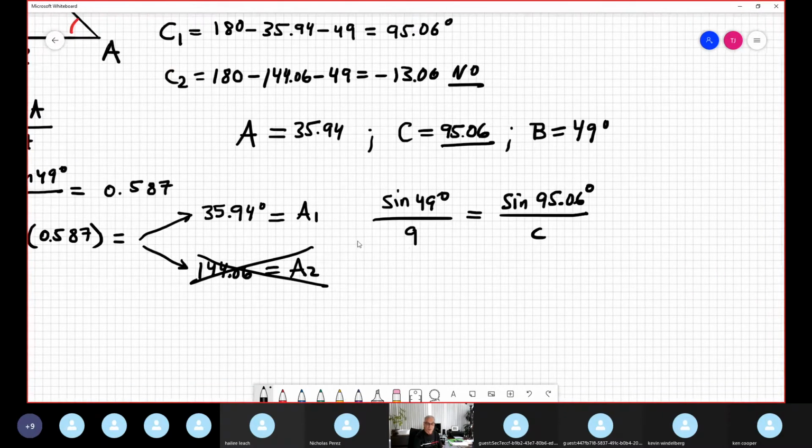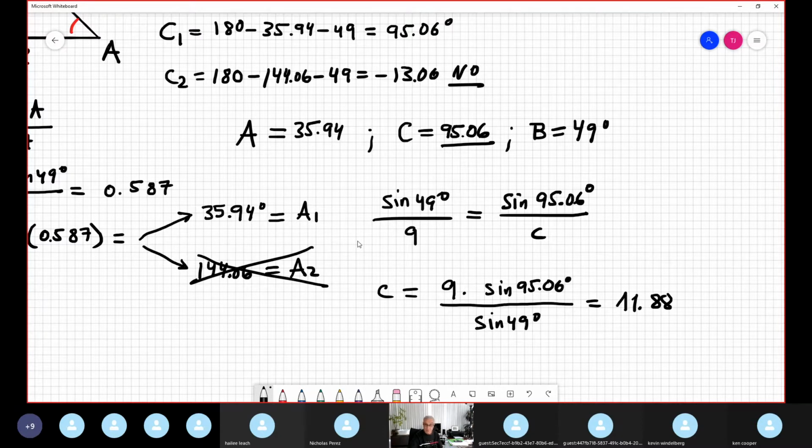Now cross multiply, C is equal to 9 times sine 95.06 divided by sine 49. Put in the calculator, and the answer is 11.88. It's the side in the story. I finish.